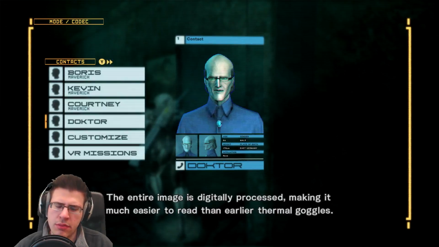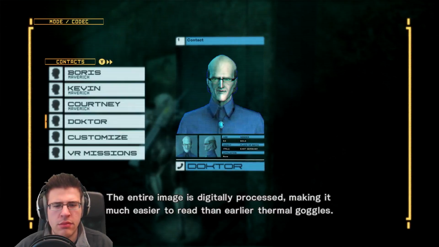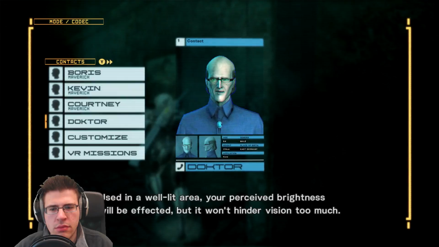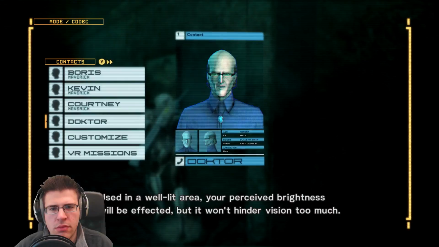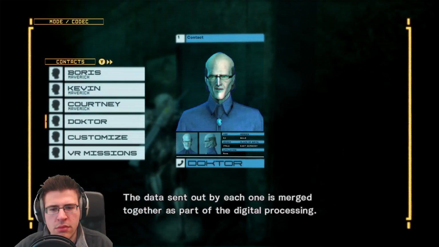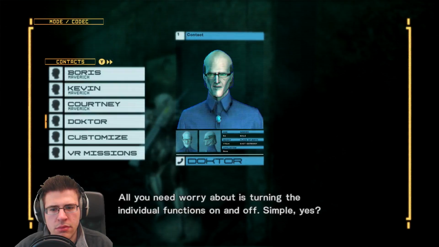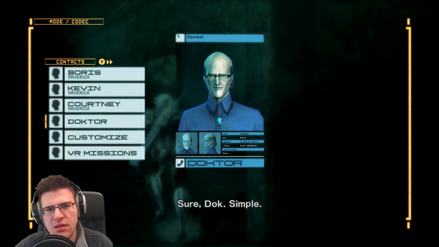The entire image is digitally processed, making it much easier to read than earlier thermal goggles. Yeah, I'd noticed that. Used in a well-lit area, your perceived brightness will be affected, but it won't hinder vision too much. The same type of sensor is used for all functionality. The data sent out by each one is merged together as part of the digital processing. All you need to worry about is turning the individual functions on and off. Simple, yes? Sure, Doc. Simple.